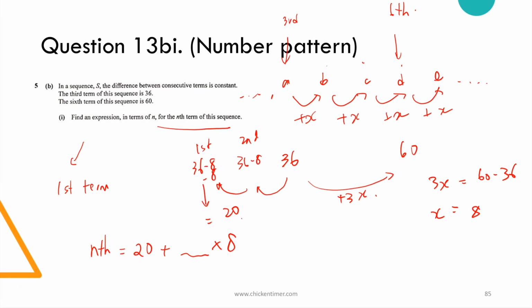Because from A to B you plus 8, and then from B to C you plus another 8, and from C to D you plus another 8. So you just keep on adding. Then you have to figure out for the nth term, how many 8s are you going to add.